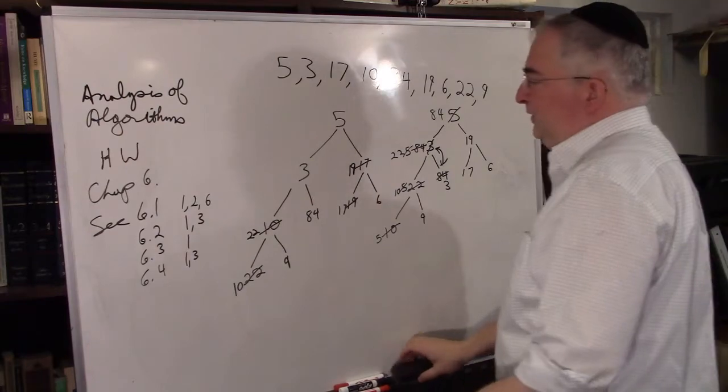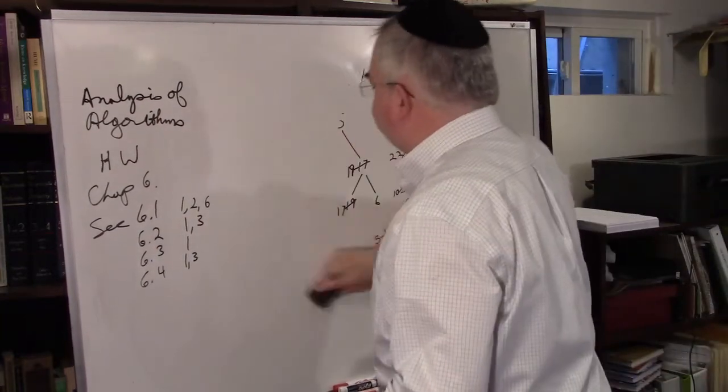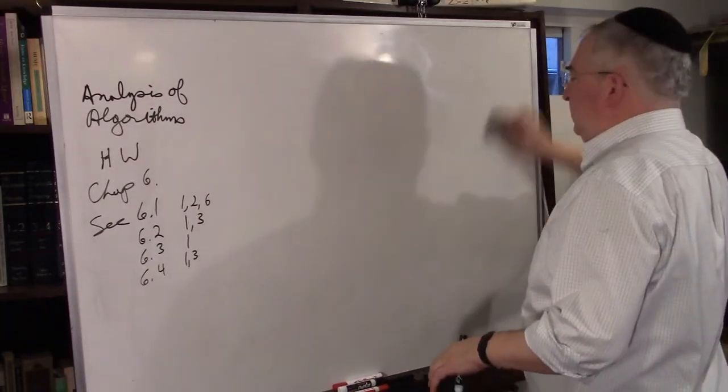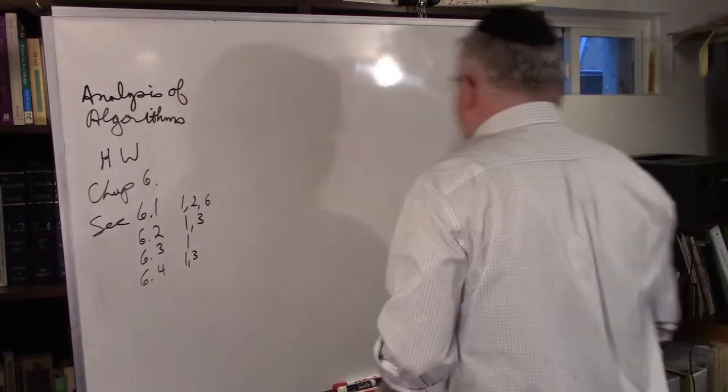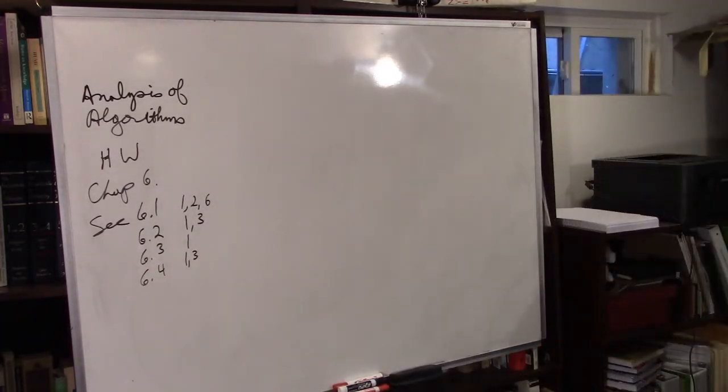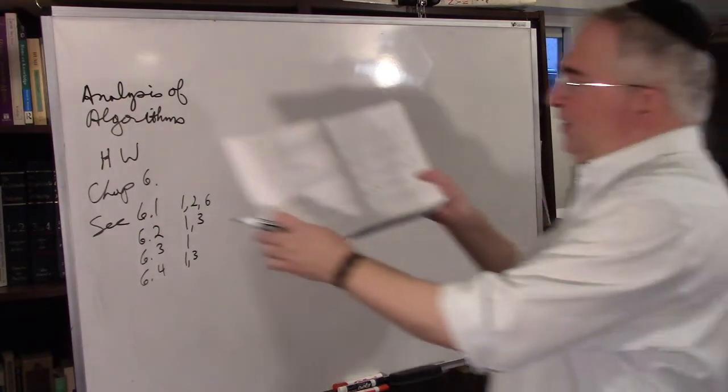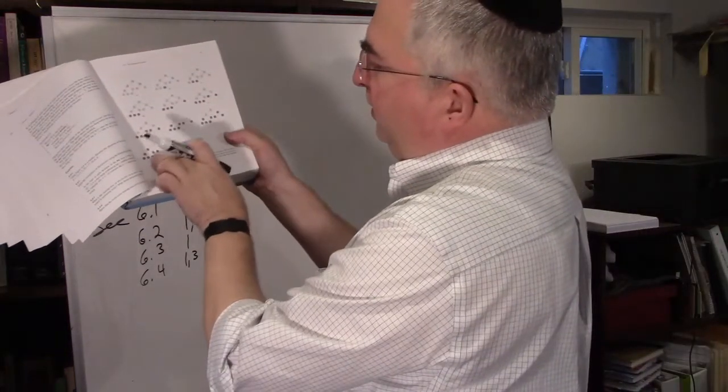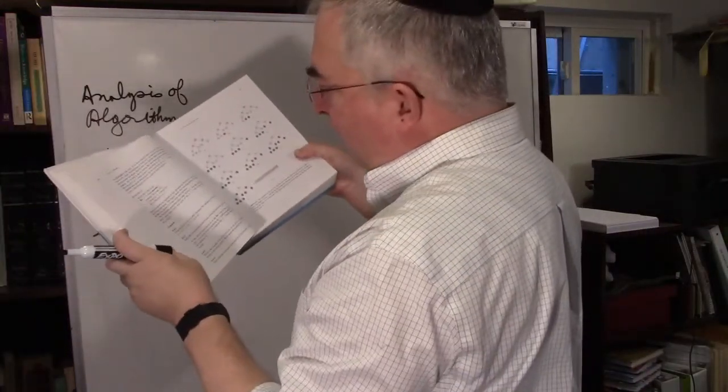Okay, good. Now, section 6.4, number 1. Let's read it. This is the actual heap sort algorithm using figure 6.4. That's this 6.4 with the dots at the end.